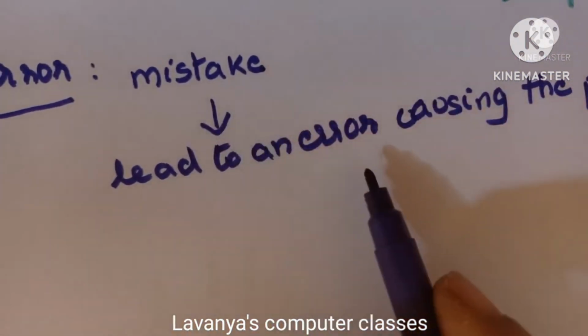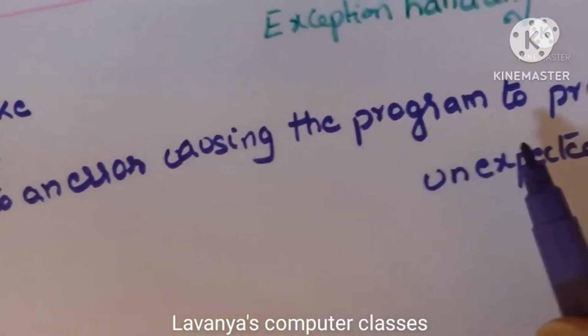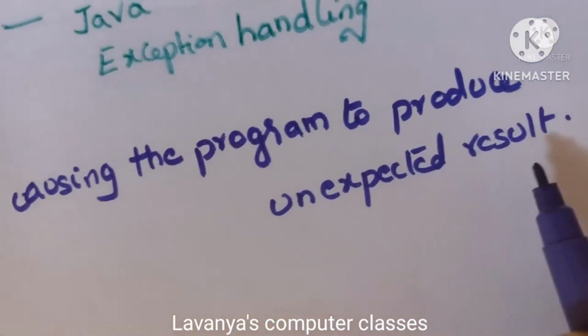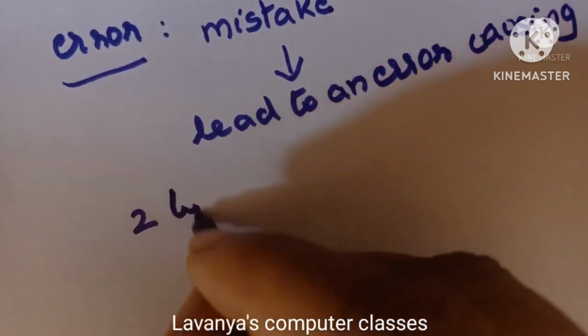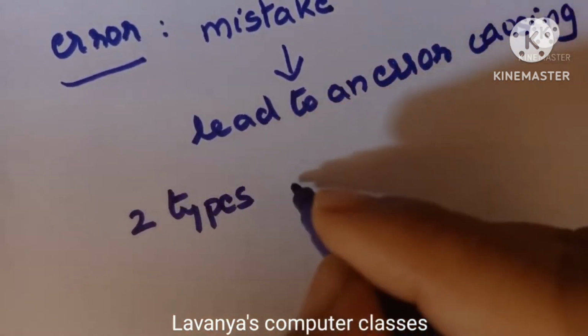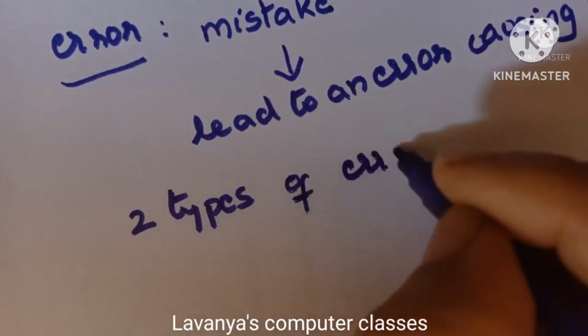We are expecting some result, and for getting that result we write some program. But because of some mistakes, the program gives wrong, unexpected results. So that is an error. Error is nothing but a mistake.